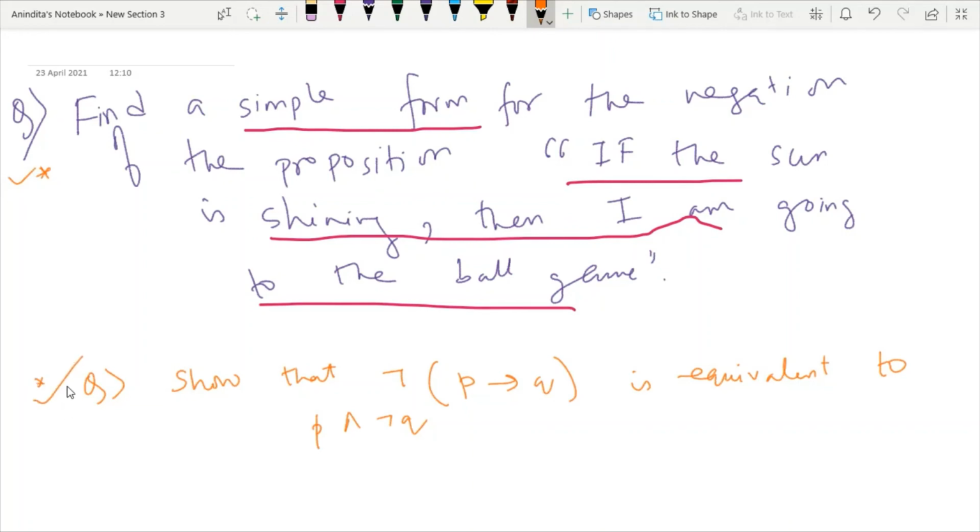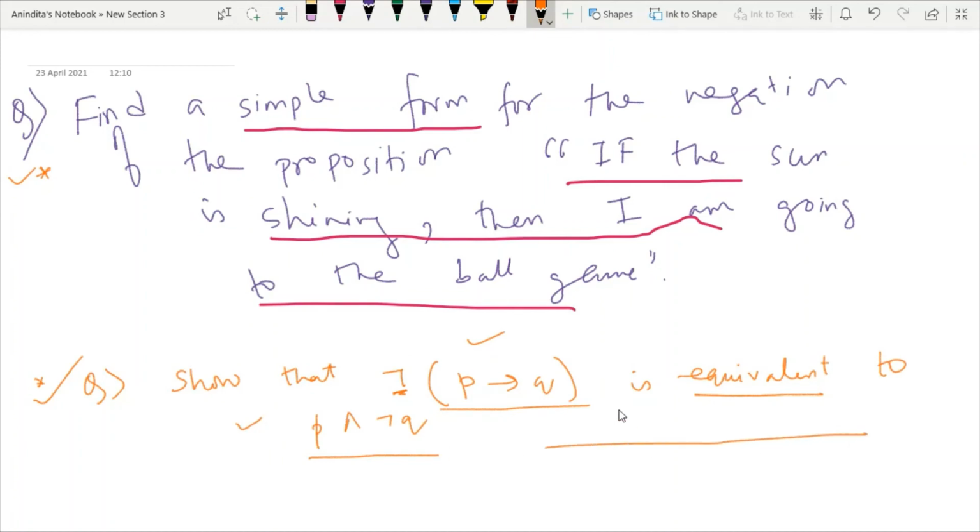So I know that for students it is very easy to comprehend that what we have to show, not of something is equivalent to P or not Q, means immediately it will come in your mind that you have to create one truth table. So let me solve this problem first. So how to show that this particular expression is equivalent to this particular expression?